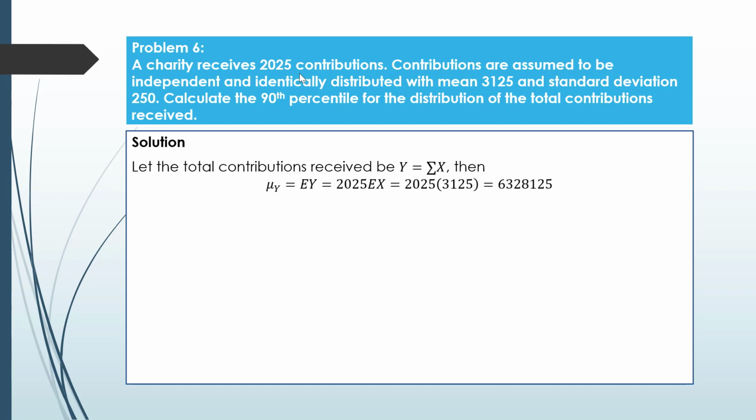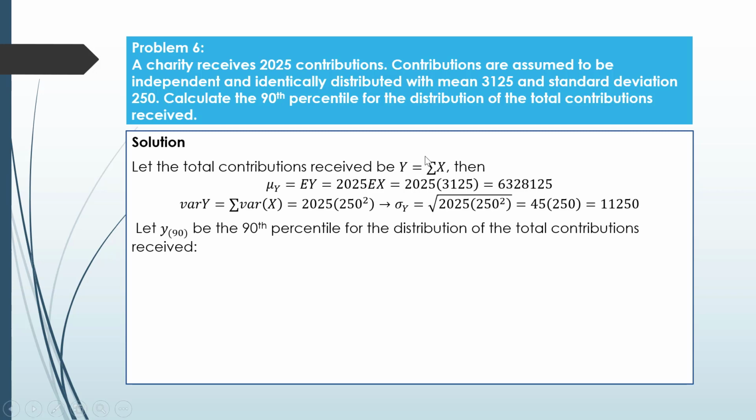So by the central limit theorem, Y should follow a normal distribution with mean mu of Y as 125 E of X, which is 125 times 3,125, and the answer for the mean is 6,328,125. The variance is 125 times 250 squared, and then we take the square root to find the standard deviation. So the standard deviation of Y is 2,795.